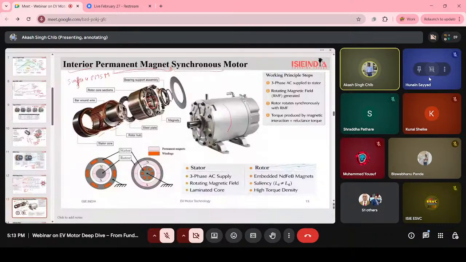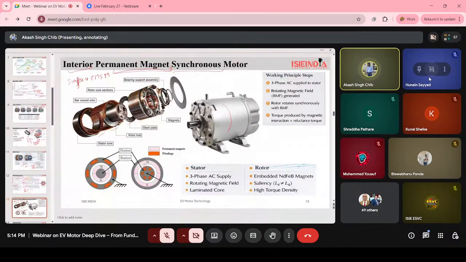The magnets are embedded inside the rotating part. That's why it is named permanent magnet. The motor has only two parts, stator and rotor, but the magnets are permanently embedded inside the rotor part.